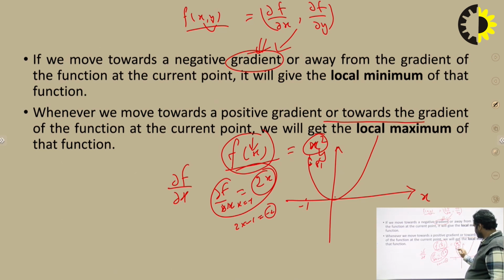Now at this point P1, we have two directions, either to move upward or downward. Clearly, if we move in the upward direction, we will find the maximum value. But through the gradient descent method, we always find the minimum.